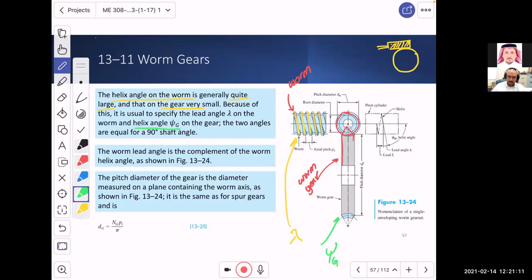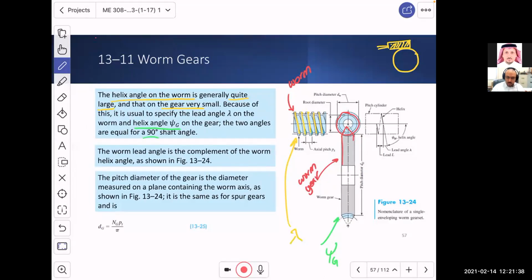In other words, the lead angle is just like the helix angle, but just to distinguish them, lambda is for the worm, psi g is for the gear. Now what else? These two angles are complementary. They complement each other, which means they add up to 90 degrees.